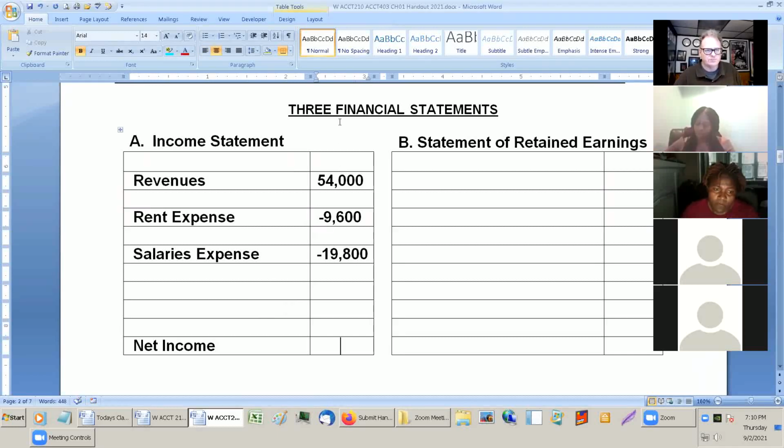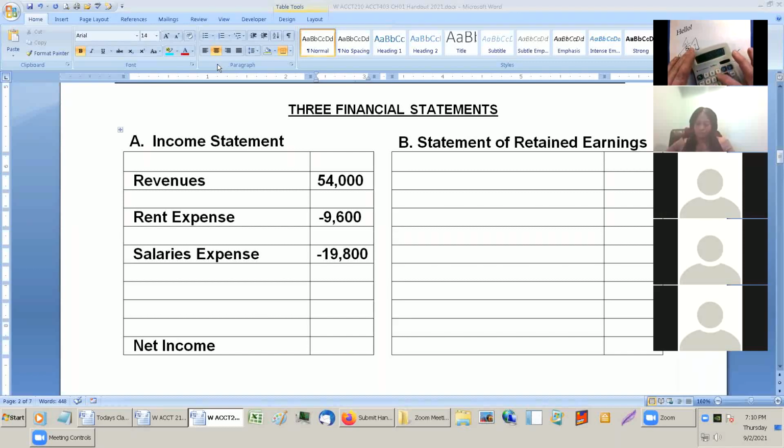Time for Mr. Calculator. My calculator cam. All right, so 54,000. $24,600, I think. You want to check that?